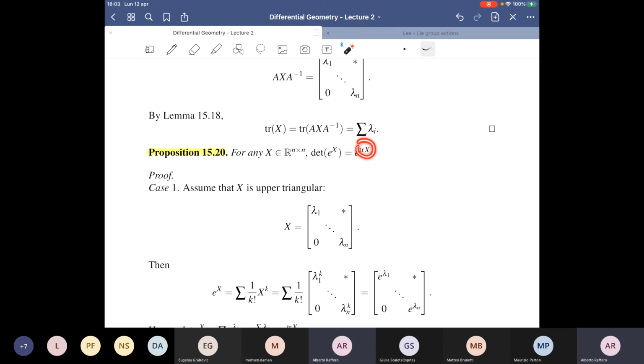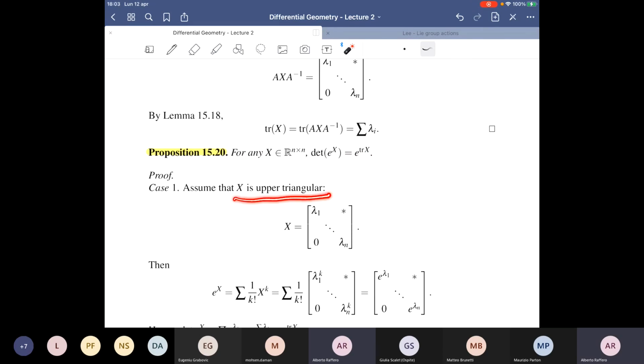So the trace of X is a real number, and so this one is the usual exponential you consider, so you take the exponential e to the power given by the trace of X. So how to show this?